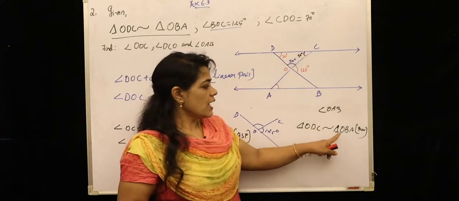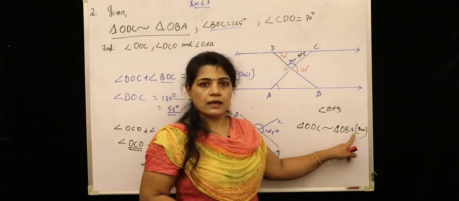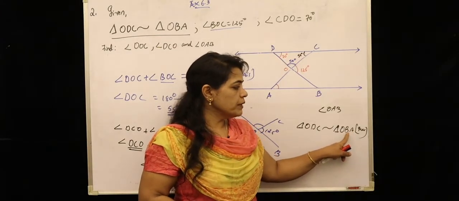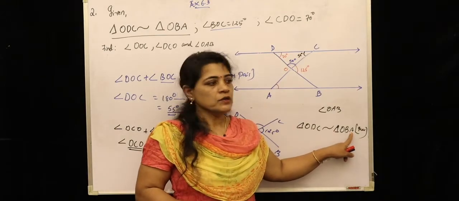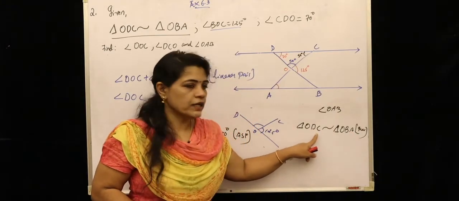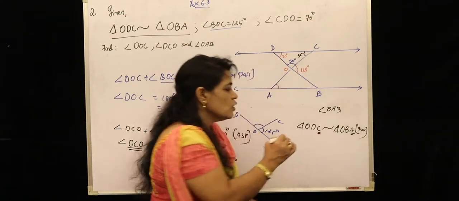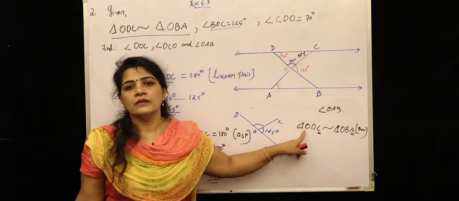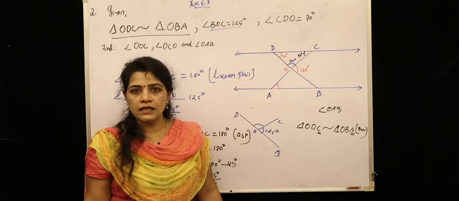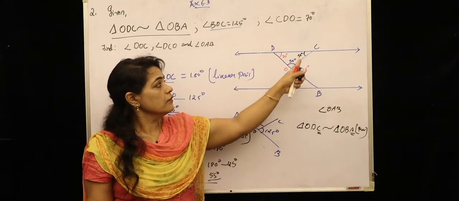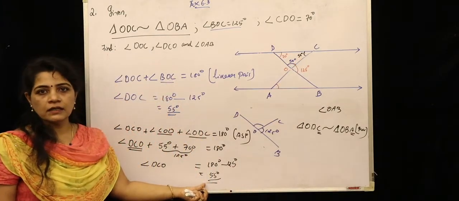Okay, in triangle OBA, this angle A is in third position. So, here in triangle ODC, this angle A and this angle C of triangle ODC will be the same. And in triangle ODC, we know what is angle C. The third angle C, we got it as 55 degree by using this angle sum property.